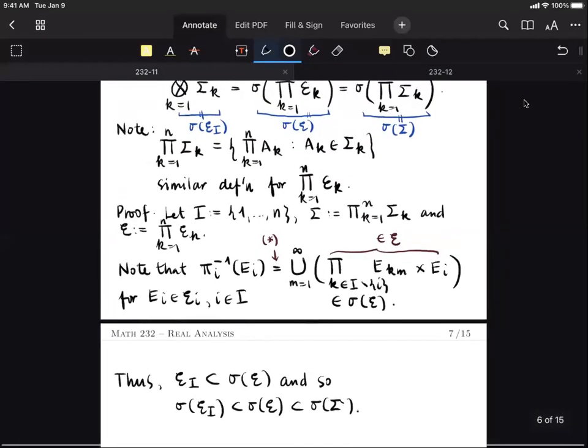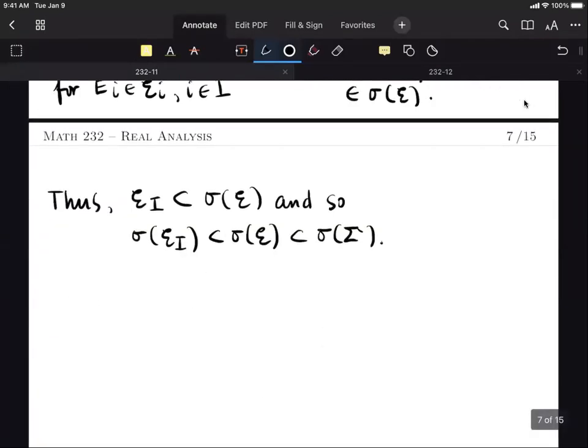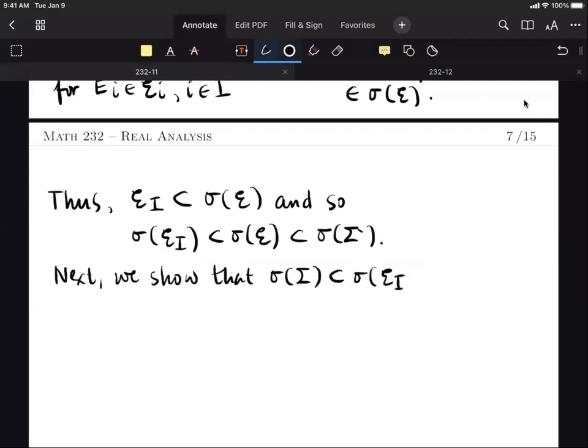Okay, so to show that all these three are equal, the next step is to show that the largest among these three sets is also a subset of the smaller one. From this, you can see immediately that all of these three must be the same.